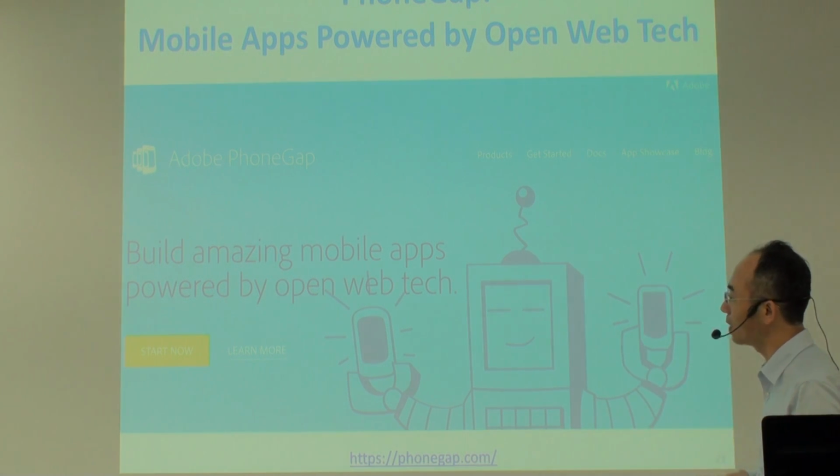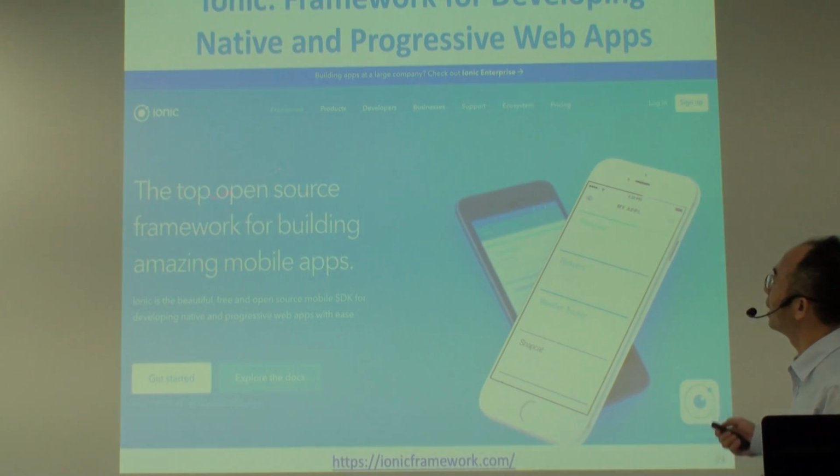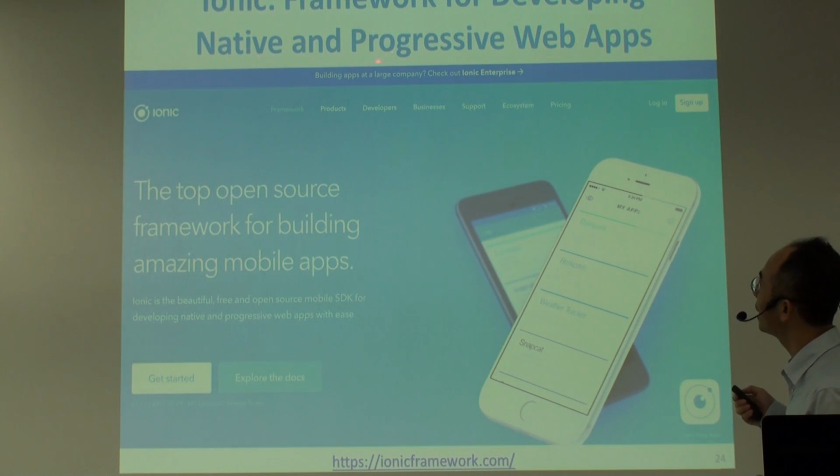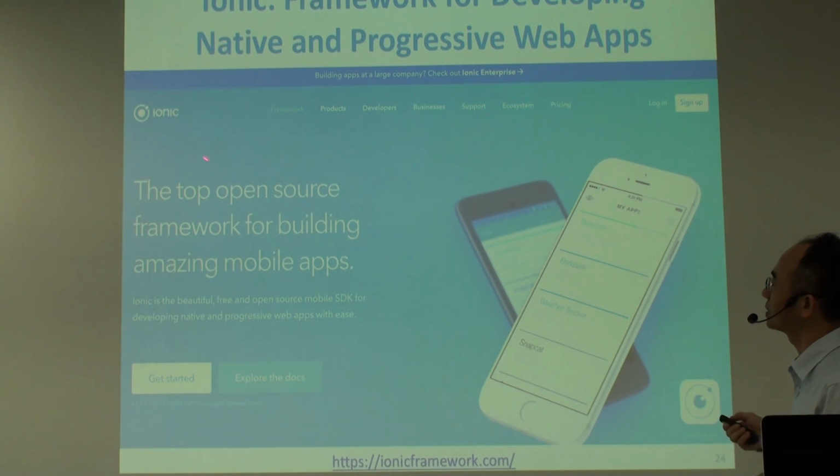So these are web technologies. And there is another one called Ionic, a framework for developing native and progressive web apps. Ionic is a top open source framework for building amazing mobile apps.